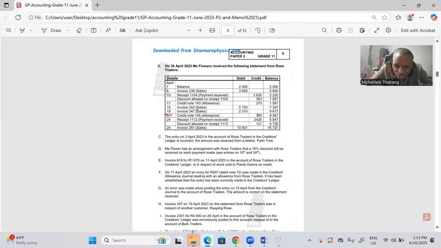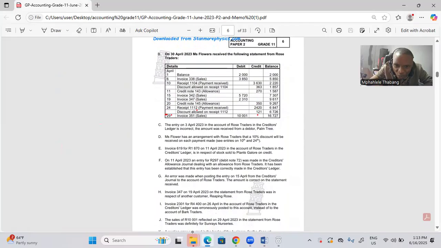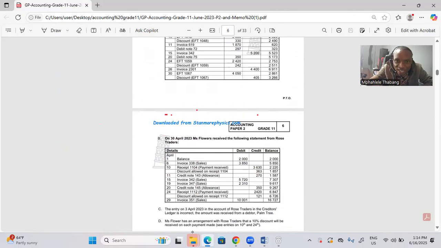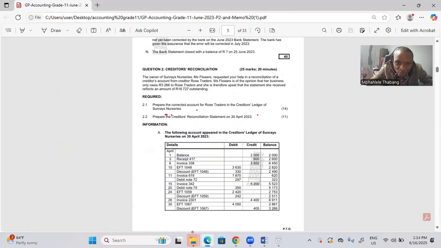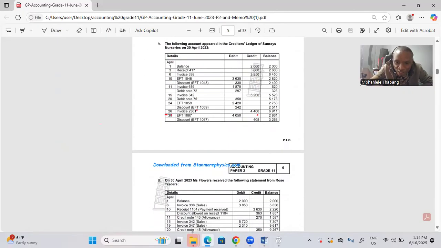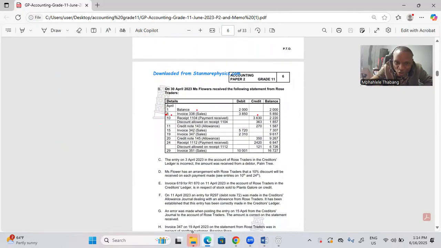The next question says, Miss Flower has an arrangement with Rose Trader. Remember, Miss Flower is the owner of the business. Which business? Sunray Nursery. Remember, we are dealing with the Sunray Nursery. This is the business, and the supplier is Rose Trader.